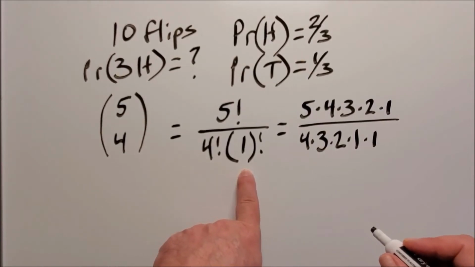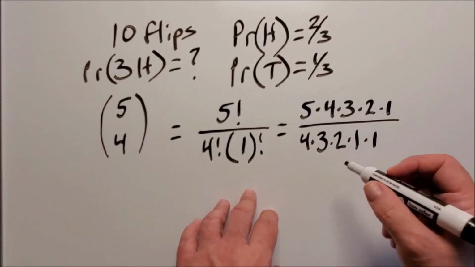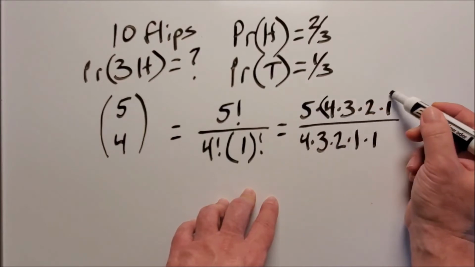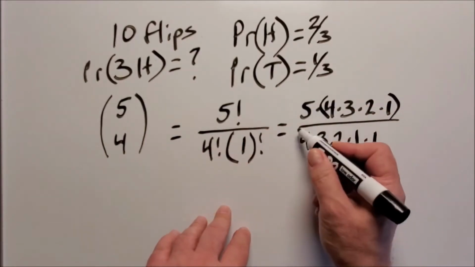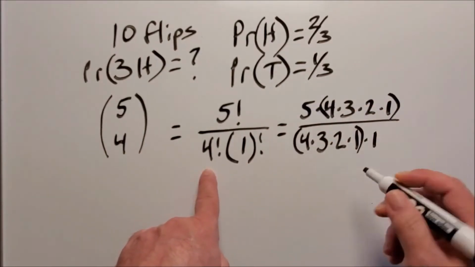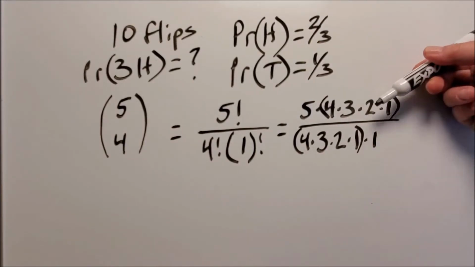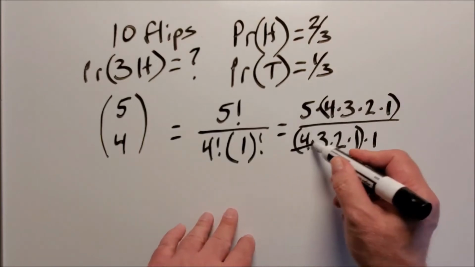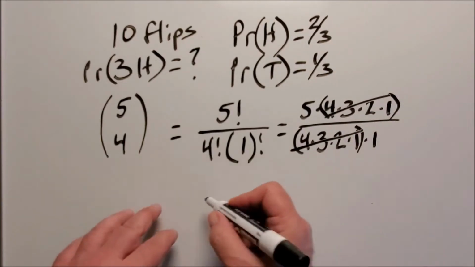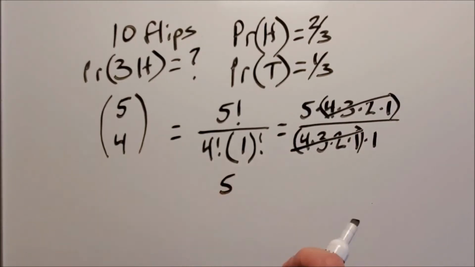Okay. So this is a fairly easy problem to do. I want you to notice that we have 4 factorial as a component of 5 factorial. So the 4 factorial on the bottom cancels with the 4 factorial component of 5 factorial. So that goes away, and we just have 5. And that's the answer.